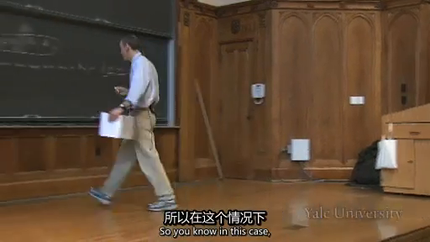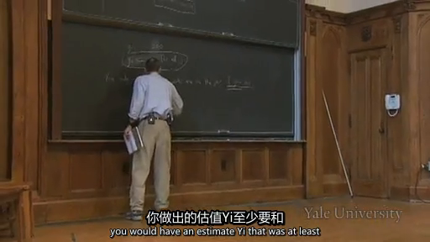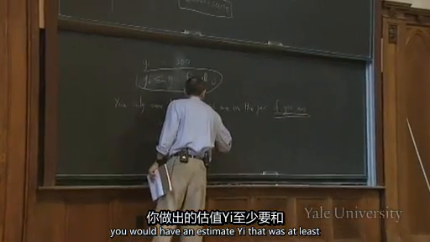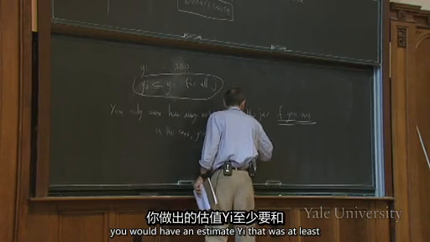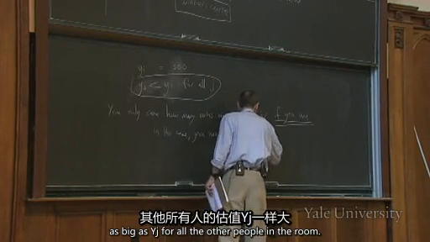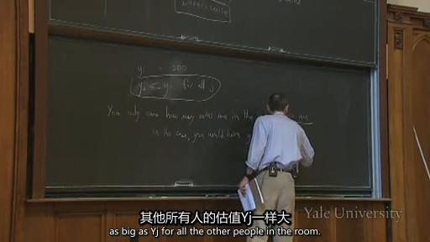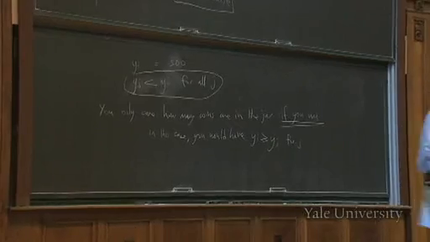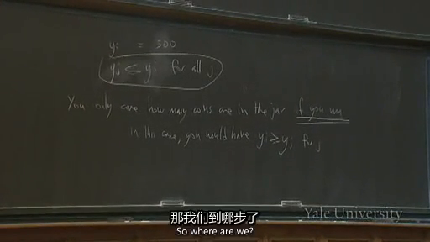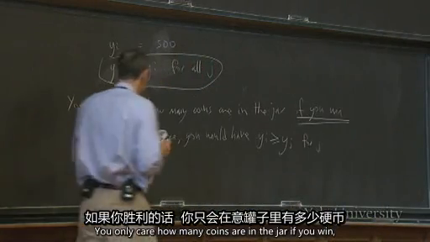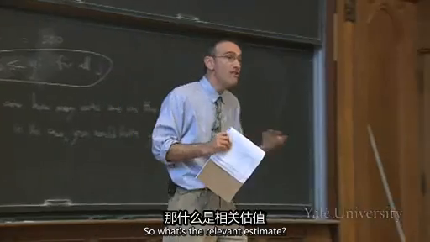So you know, in this case, you would have an estimate yi that was at least as big as yj for all the other people in the room. So where are we? You only care how many coins are in the jar if you win, and if you win, you know your estimate was the highest. So what's the relevant estimate?